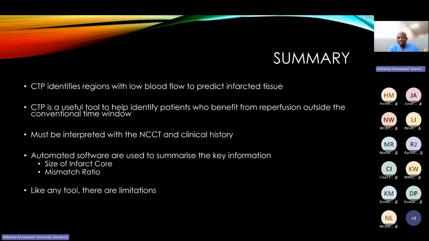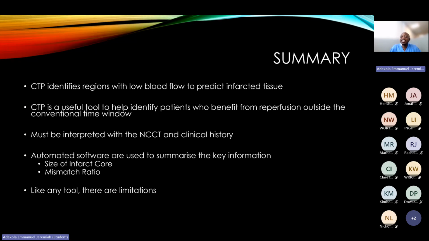So in summary, with CT perfusion, we are able to have an understanding of the hemodynamic process that is driving the process of the stroke evolution. And it's a useful tool that can help us identify patients who will benefit from reperfusion therapy outside of the 4.5 hours.